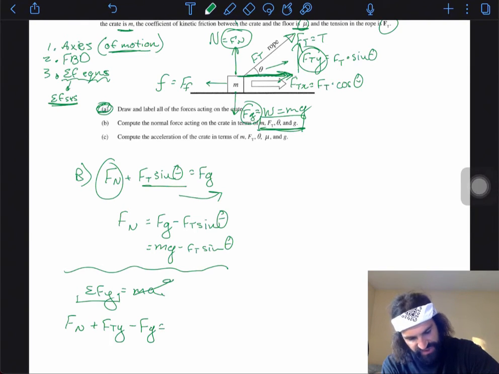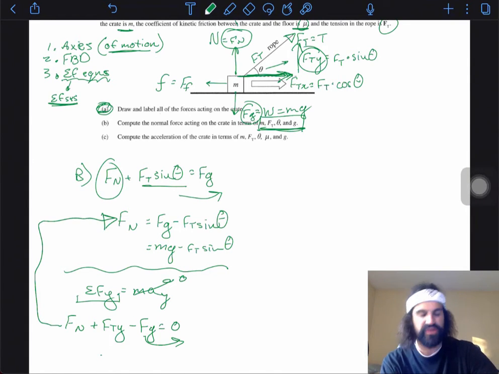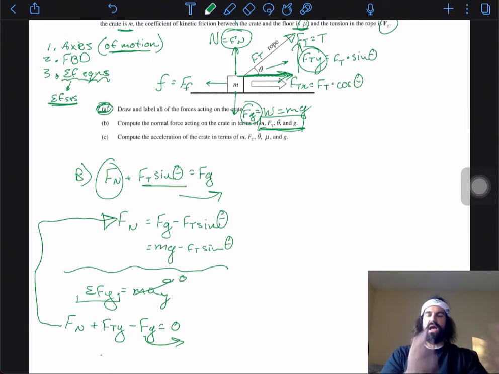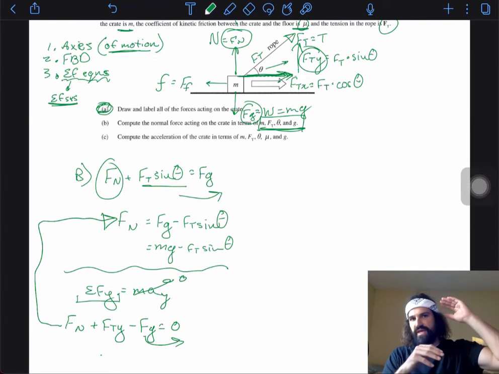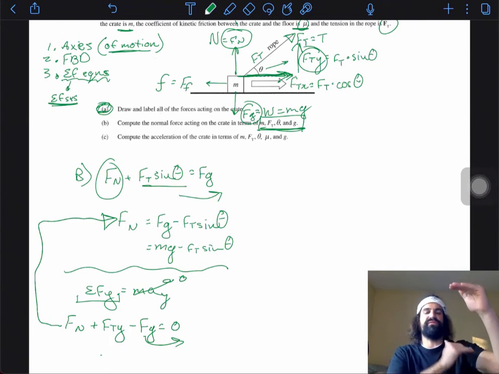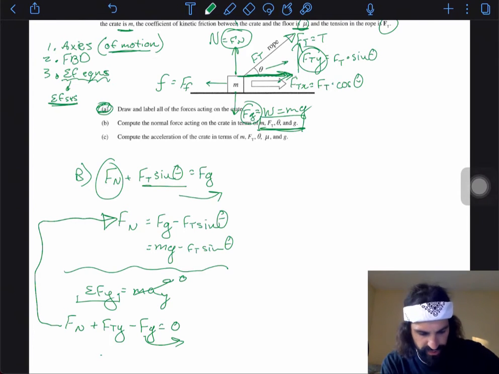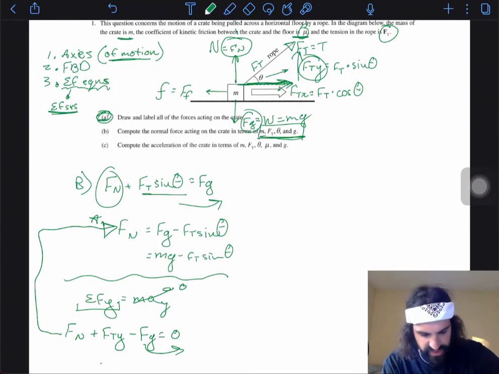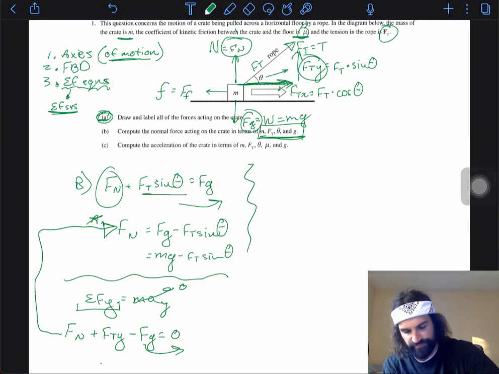But the vertical acceleration is 0, which means the right side collapses to 0. And right there you get Fn plus Fty equals Fg. And that's the thought process we used behind the scenes to realize, hey, normal and Fty have to balance the weight. That's why we were able to make this skip in the beginning of part B.